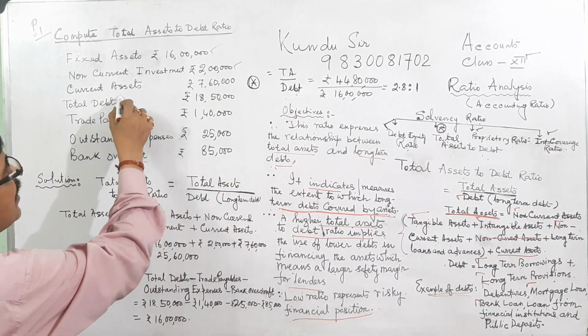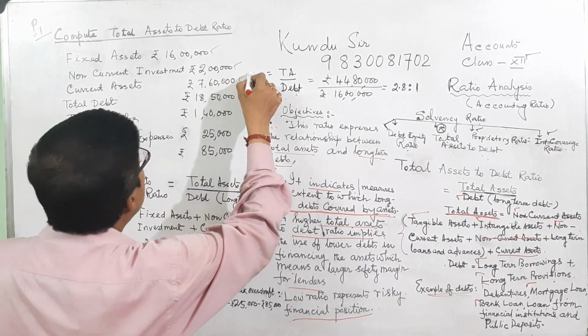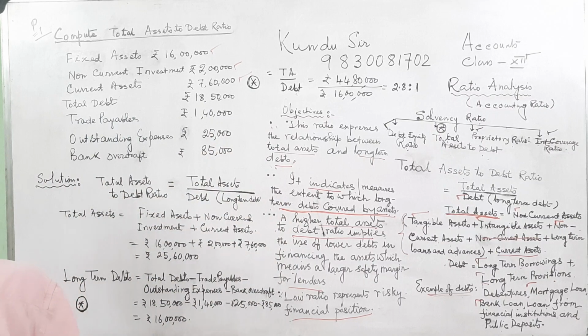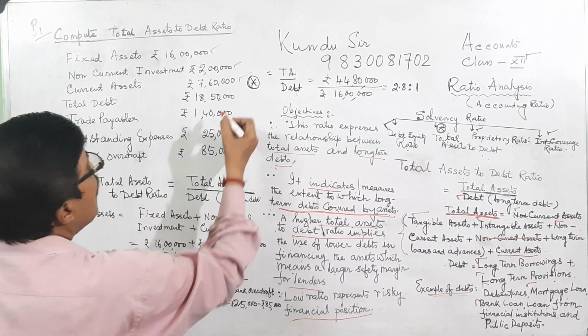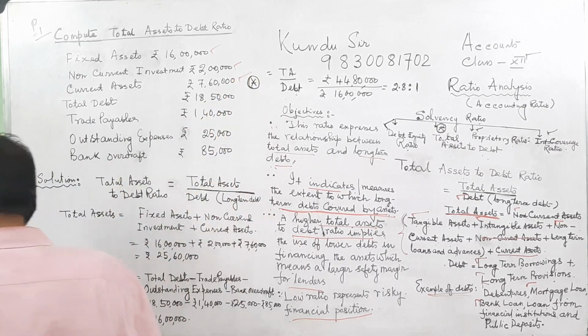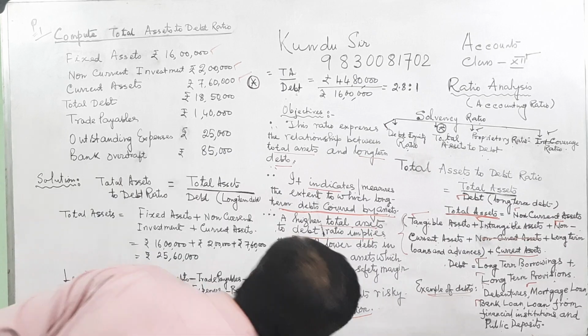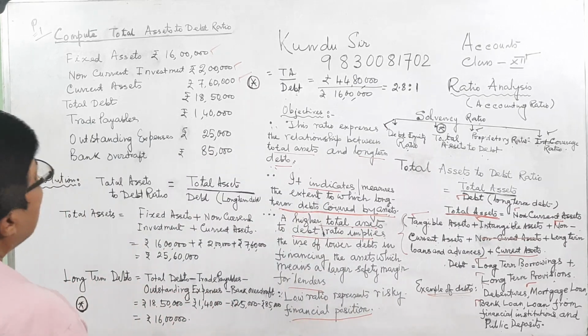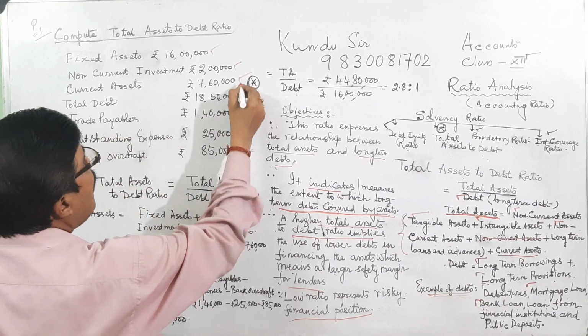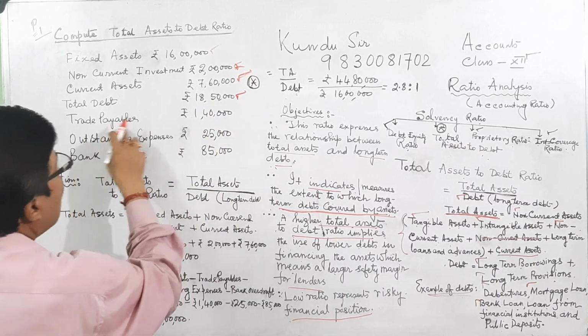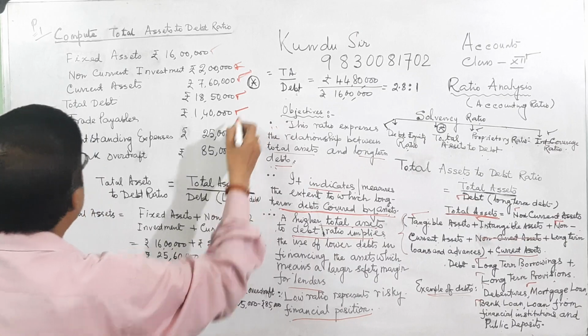Then current asset is 7,60,000. Then the total debt of the organization is 18,50,000. Trade payable equals 1,40,000.